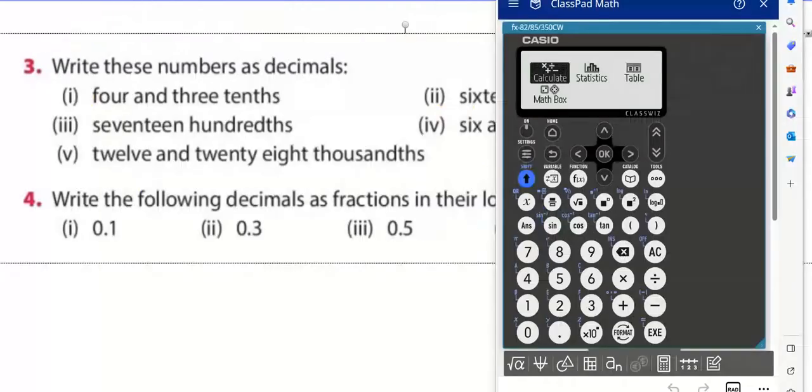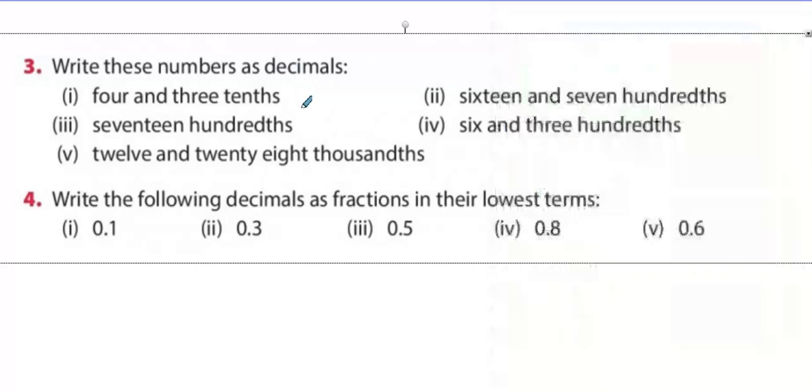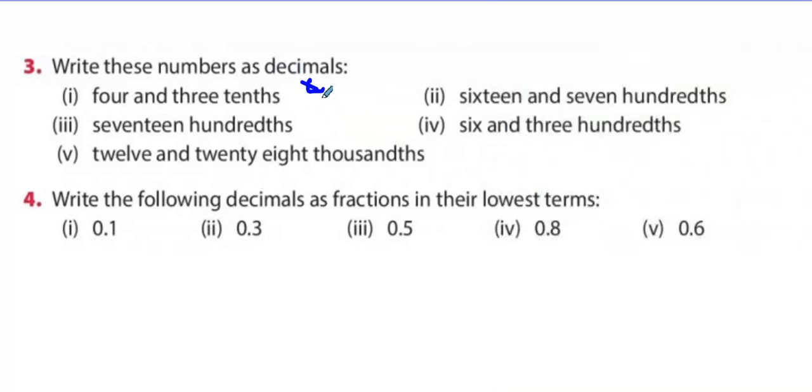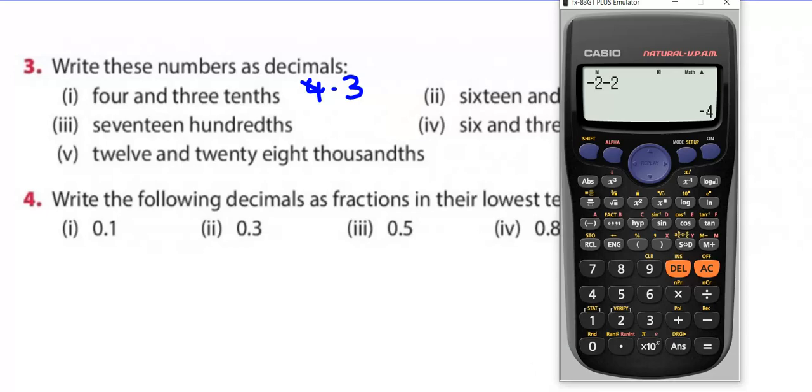The other thing it's asking is, can you do 4 and 3/10 as a decimal? Now, would you agree that 4 is the number and 3 would be the tenths? All right? Now, I could also do it like this. Sorry, I meant to use my Casio here.